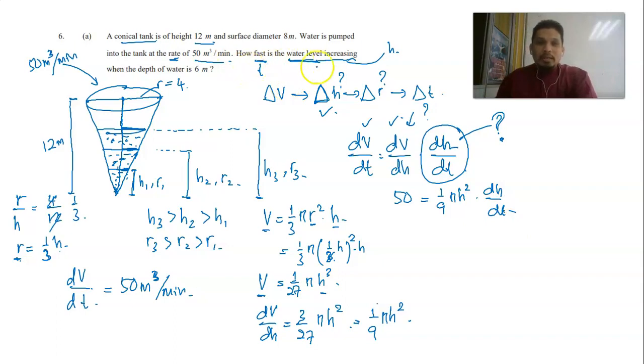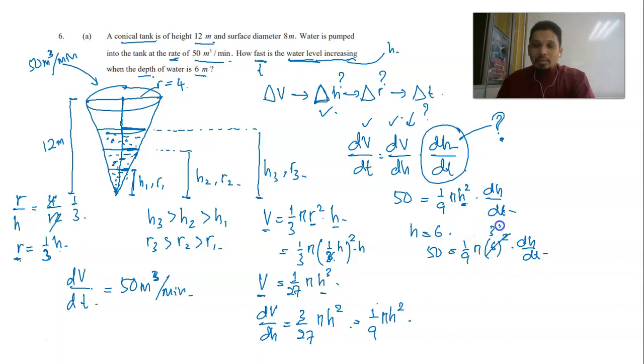Okay, now how fast is the water level increasing when the depth of water is 6 meters? So we substitute h equal to 6. So then 50 equal to 1 over 9 pi times 6 squared, dh/dt.